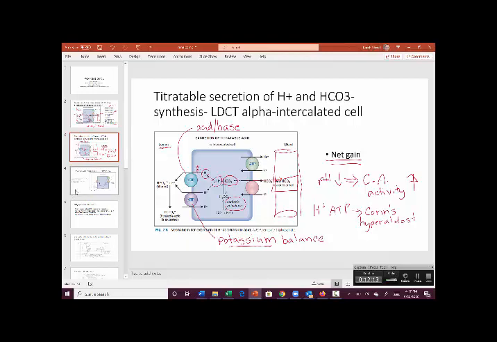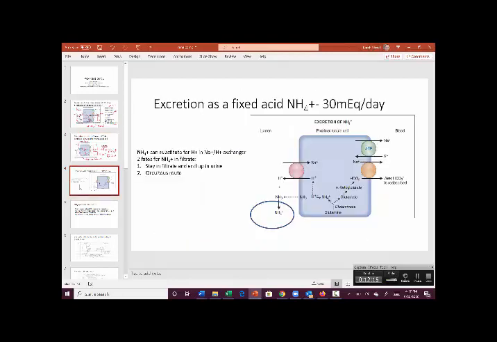All right, so now here is a second way where the kidneys can compensate for acidosis, and this is their ability to excrete hydrogen as a fixed acid. Same story that we start with in the beginning is that in order to excrete the acid, we must secrete it.